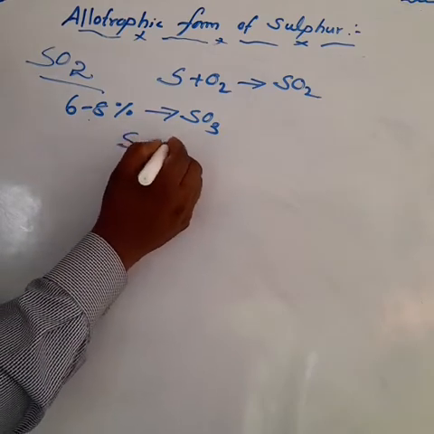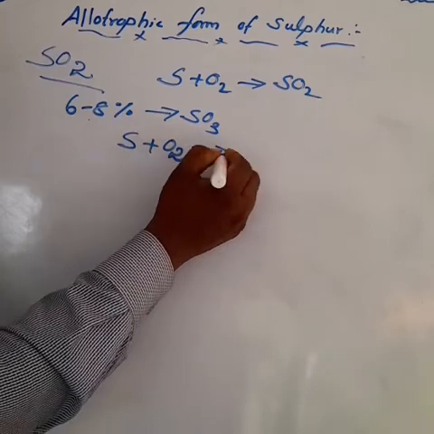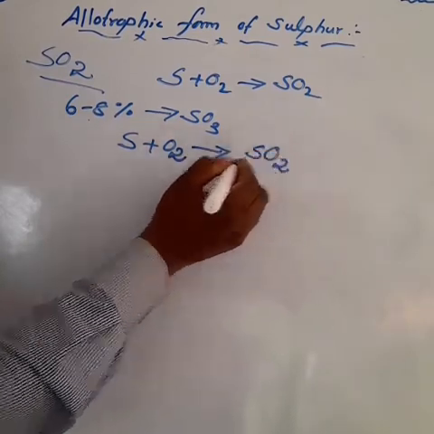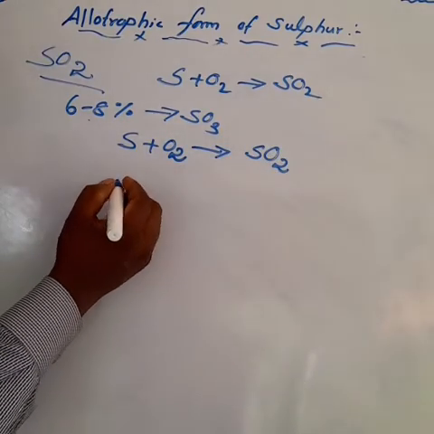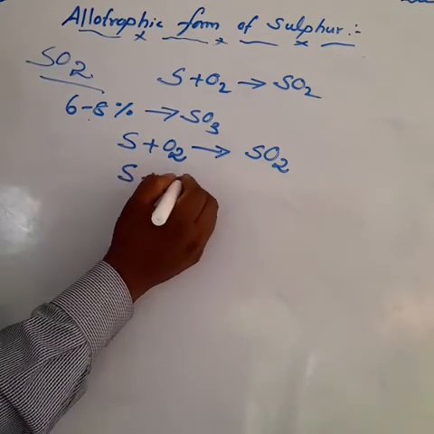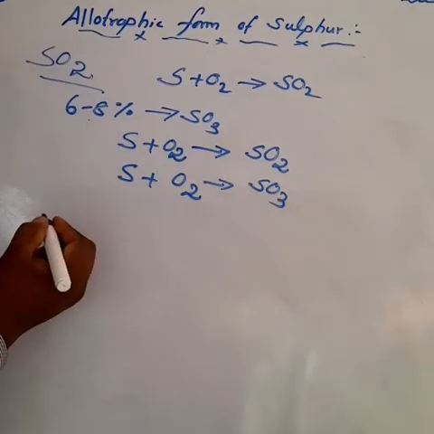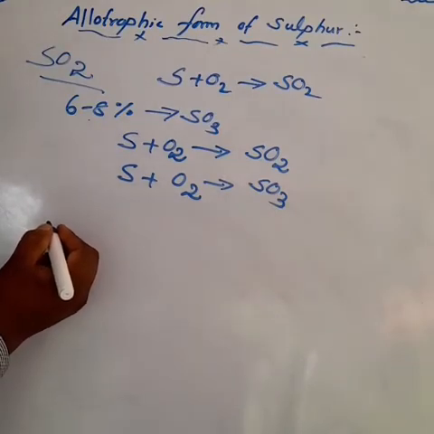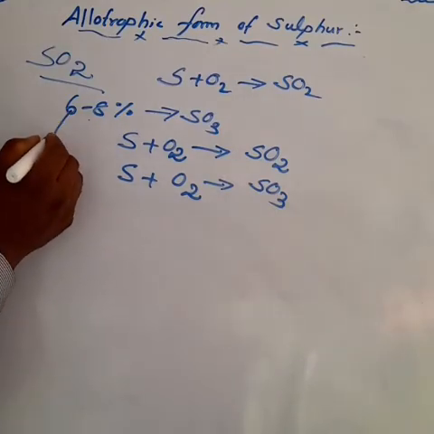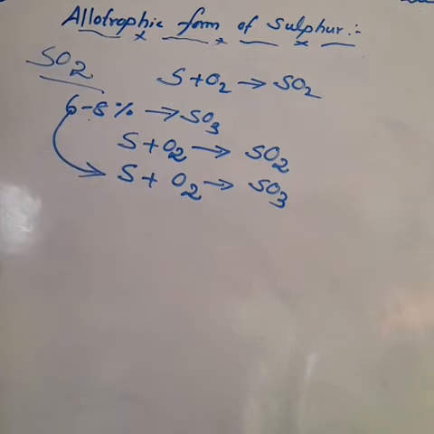All of you know the symbol of sulfur: S plus oxygen gives SO2, sulfur dioxide. Again, sulfur reacts with oxygen, we get sulfur trioxide. I told you that 6 to 8% of sulfur gets oxidized to sulfur trioxide.